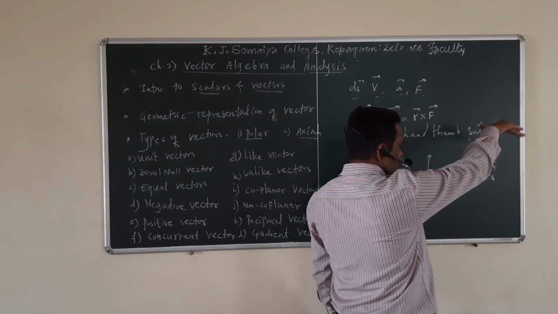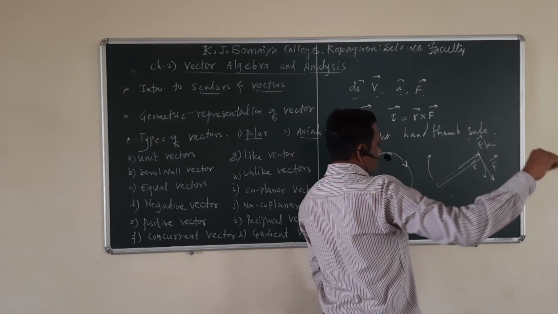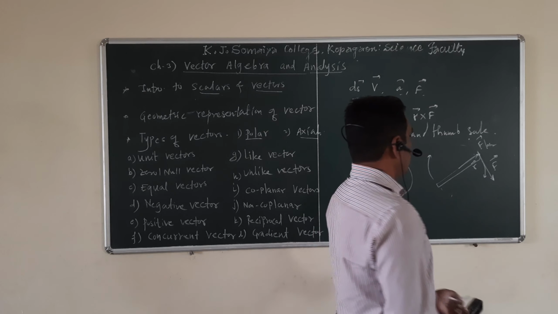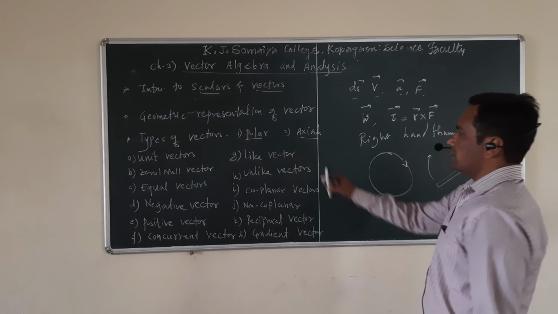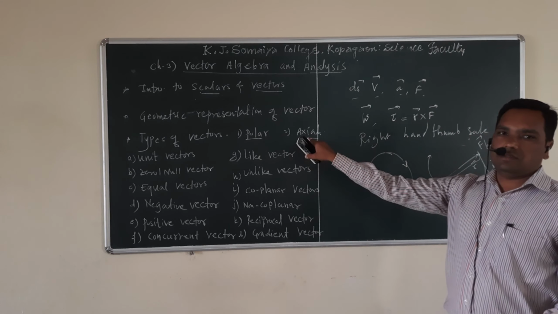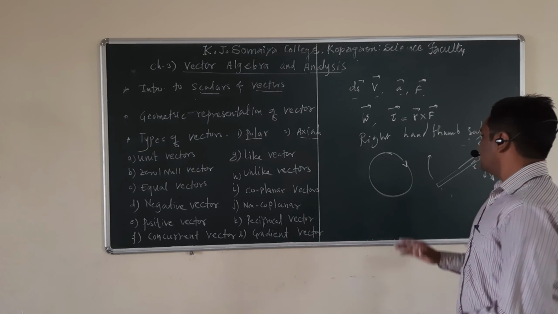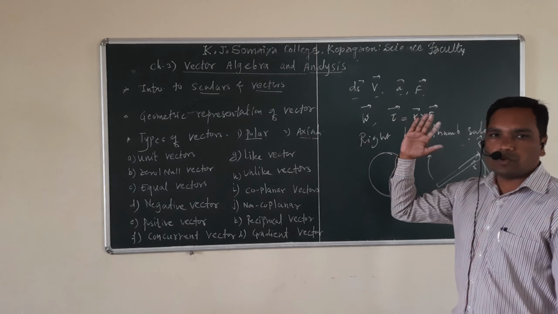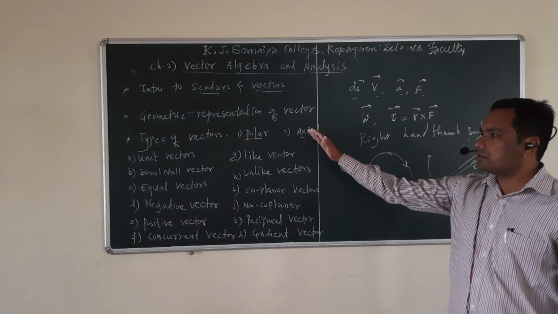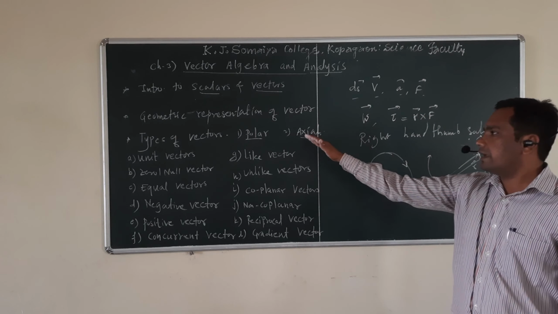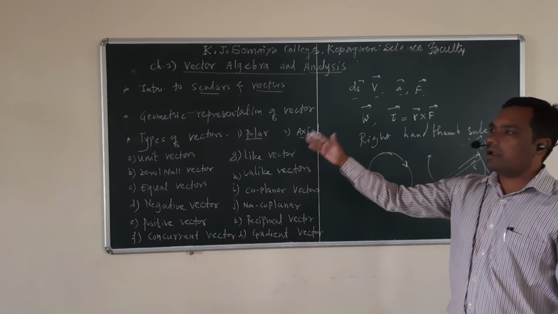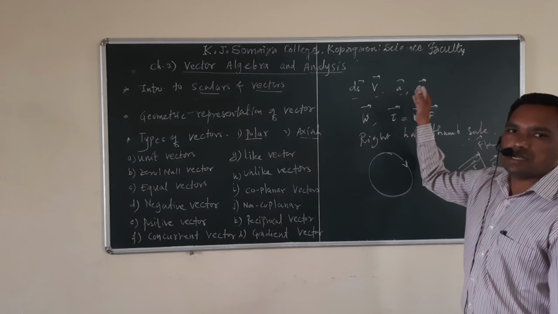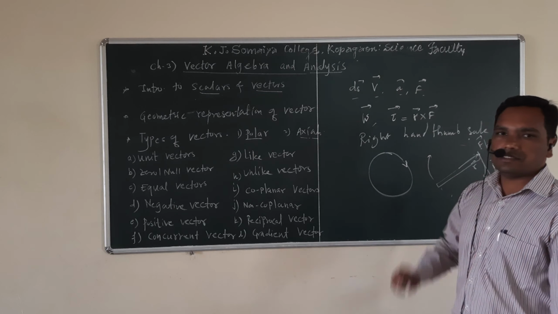R cross F means torque is into the board. So you must have understood what is meant by axial vectors. Axial vectors are directed along the axis of rotation. That's why those vectors are known as axial vectors. Polar or radial vectors are directed in the direction of those physical quantities.